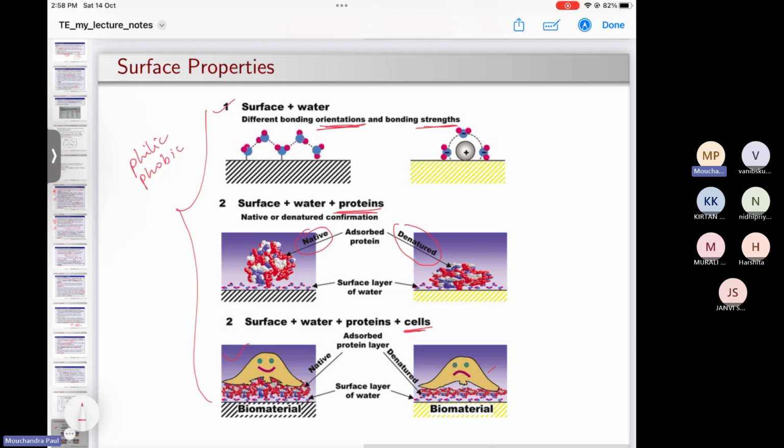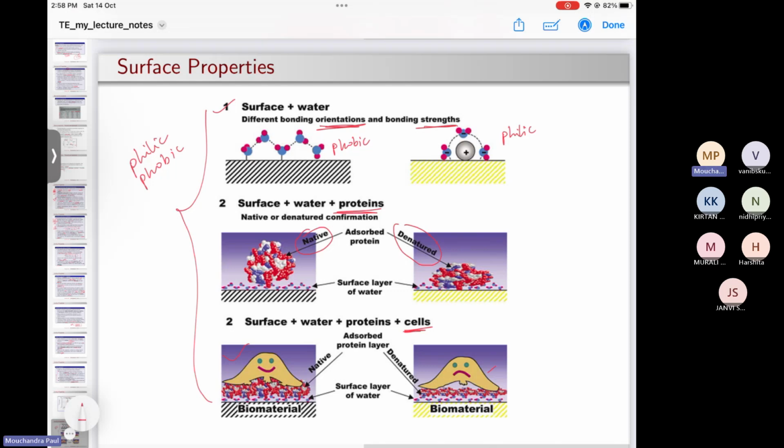Now the statements that we made in the previous slides, like how hydrophilic or hydrophobic surfaces affect protein adsorption and cell adhesion, we will now put into this figure. Now suppose this surface is hydrophobic and this surface is hydrophilic, then the hydrophilic surface will have some, say, positively charged groups.